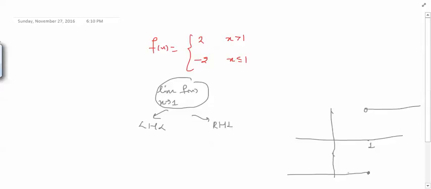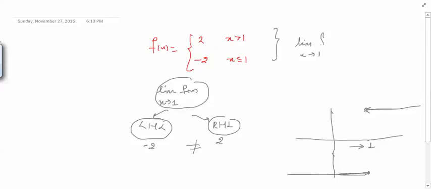If x is approaching 1 from the left hand side, the value of the function is minus 2. In that case the left hand limit will be minus 2 because it is constantly minus 2, and the value of the function when x is approaching 1 from the right hand side is 2. So these two quantities are not equal. So for this particular function, the limit of f of x as x tends to 1 does not exist. Okay, thank you.